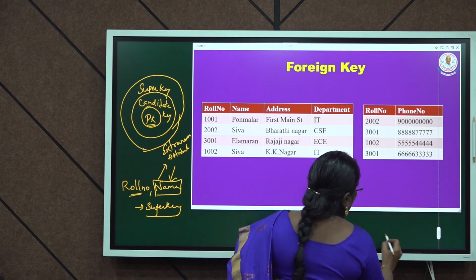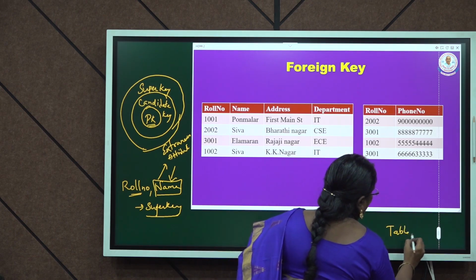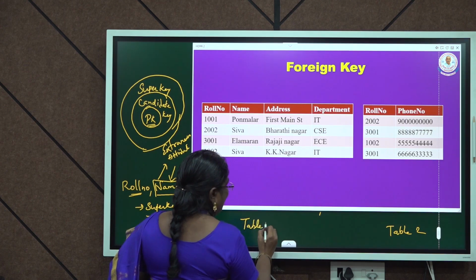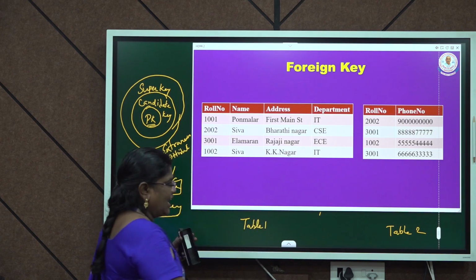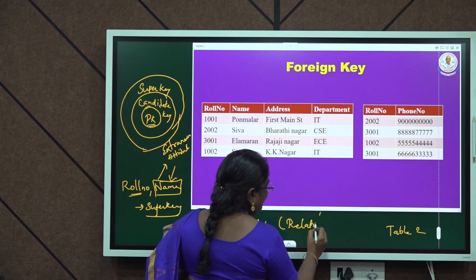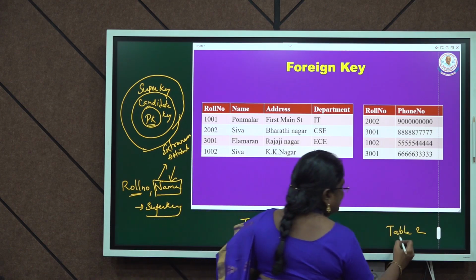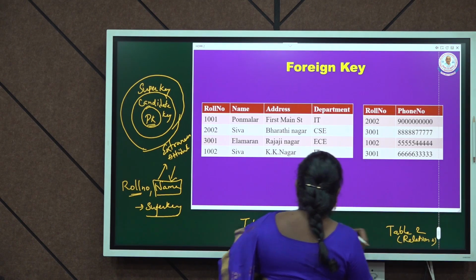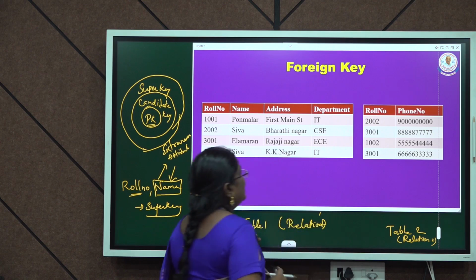In database terminology, we have to mention this as a relation. This is relation 1, and this is relation 2.